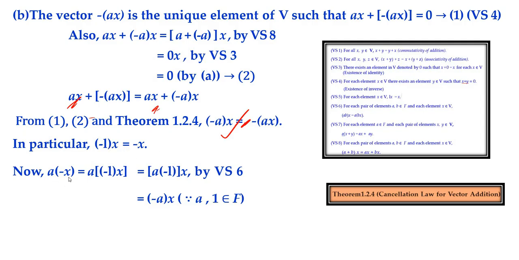Now you consider a into -x. This -x because of this is this. And by VS6, you have (ab) into x is a into (bx). So a into (bx) is there, so you can write it as ab. And in field F, a into -1 is -a. So we have this to be (-a) into x.